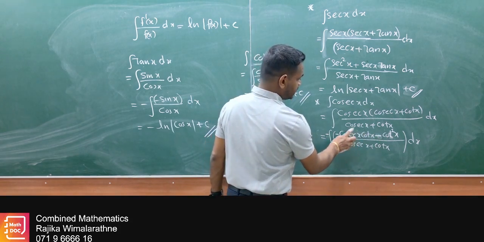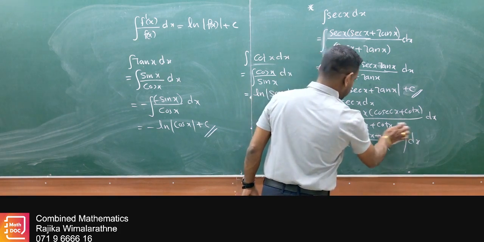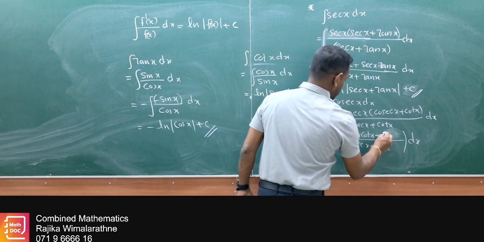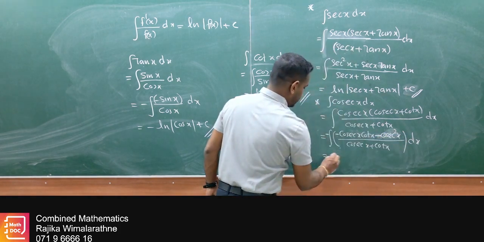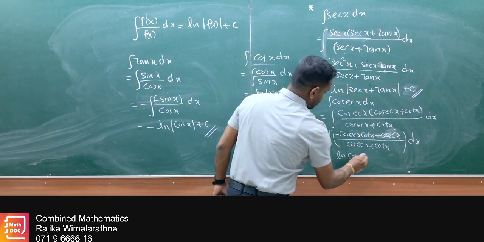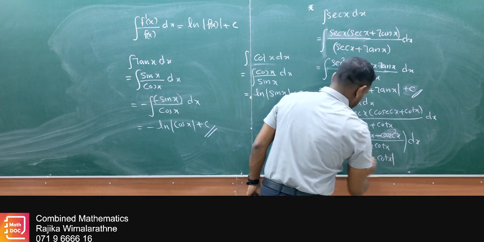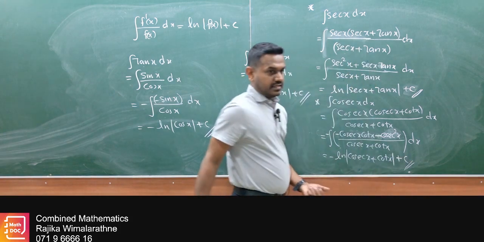Cosec derivative is minus cosec cot, cot derivative is minus cosec squared. Now the denominator derivative is in the numerator. So ln |cosec x plus cot x| plus c. That's how we take it.